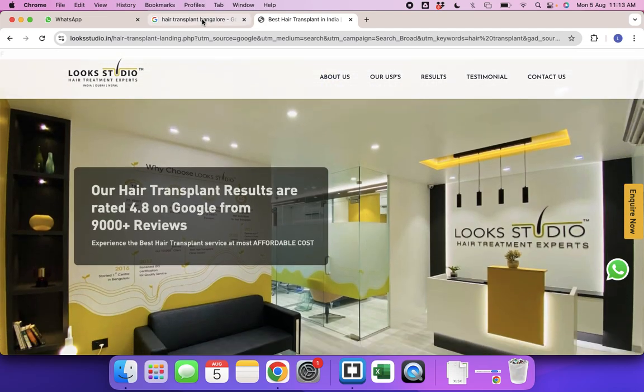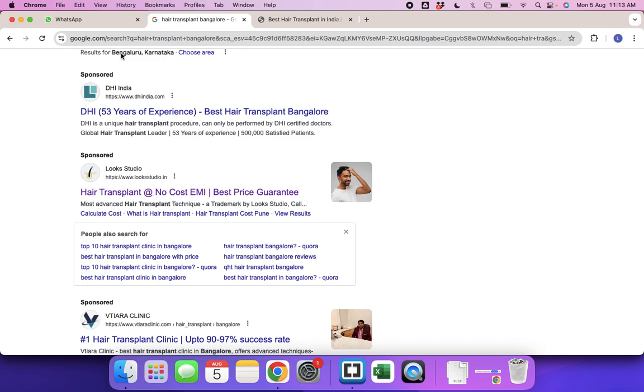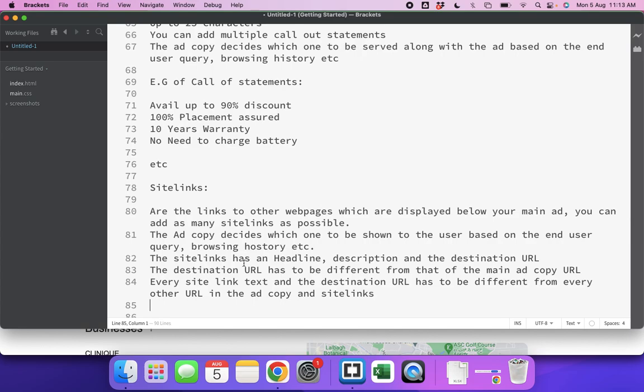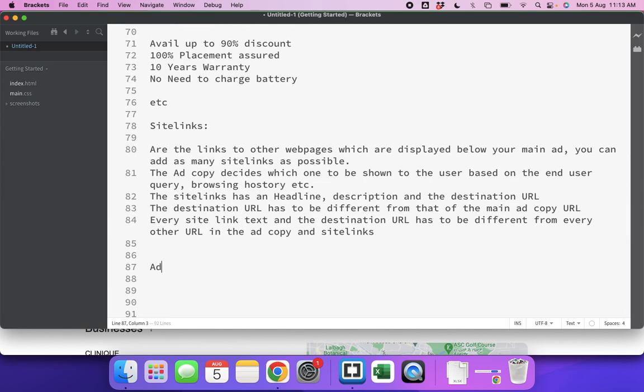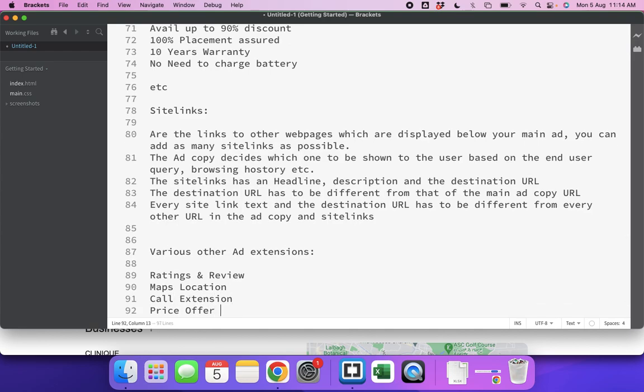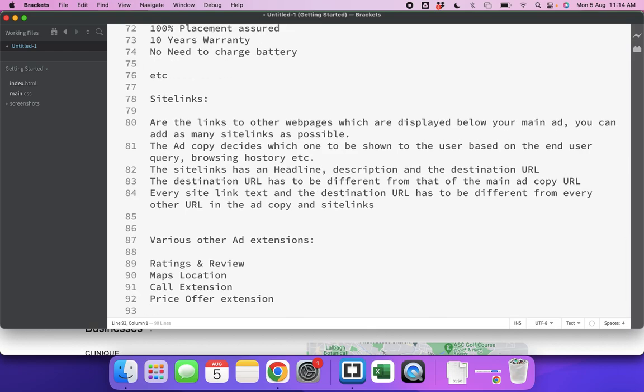Anyways, you understood what are site links now. And add various other ad extensions such as ratings and reviews, maps, location, call extension, price offer extension.